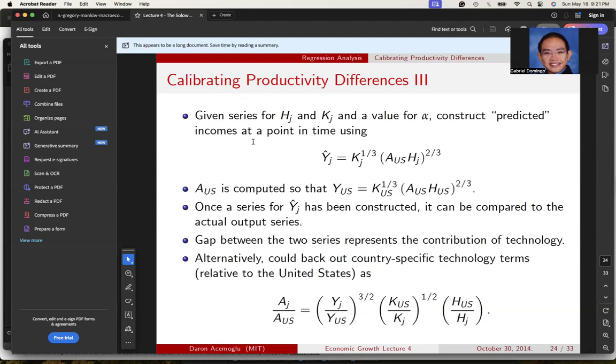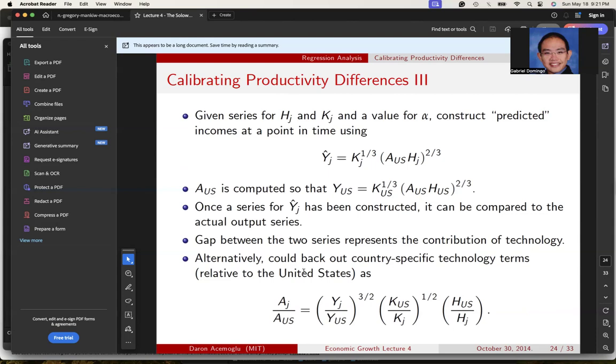So you're taking your production function seriously, okay? And then you're saying that in the US, your output is based on this equation here, wherein you have the capital stock for the US, the labor for the United States, and the hidden or unknown TFP value here for the United States, right?